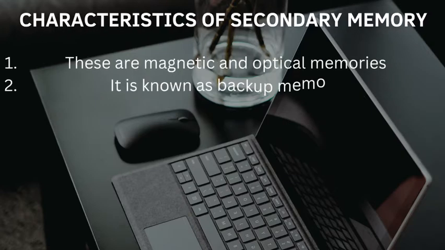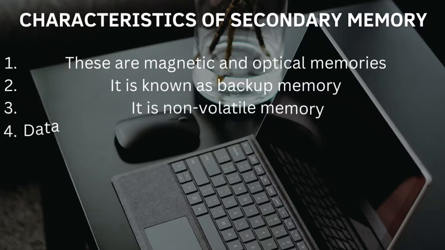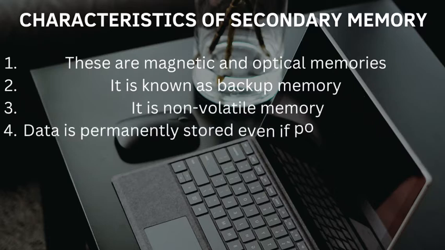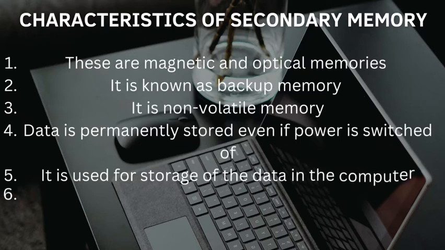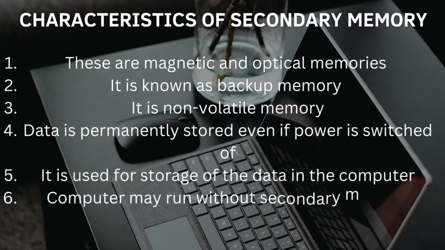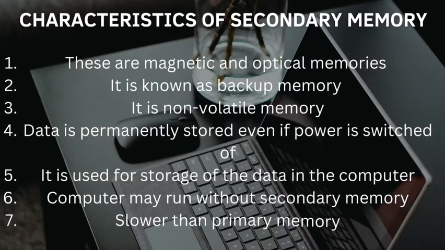Characteristics of a secondary memory. One, these are magnetic and optical memories. They are made of metals. Flash drive is made of metals. External hard drive is made of metals. Two, it is known as a backup memory. Information that you don't need in your computer or that can easily get missing, an auxiliary memory, also called the secondary memory, can serve as a backup.